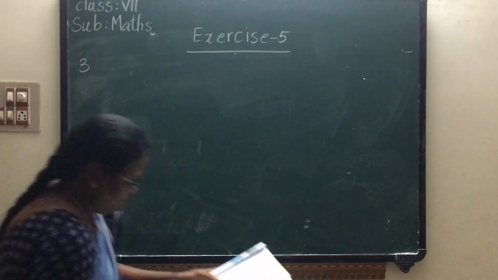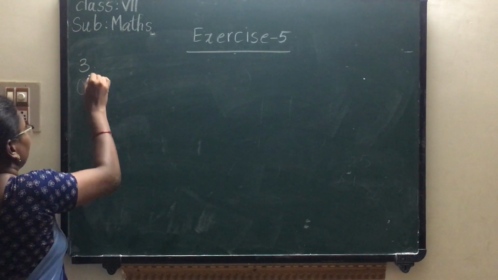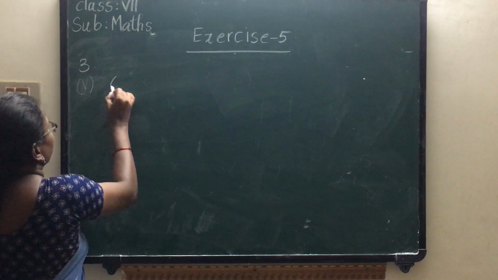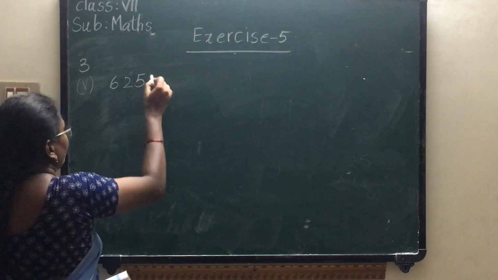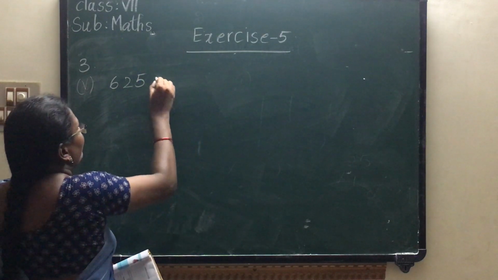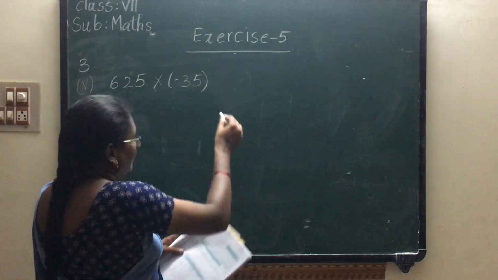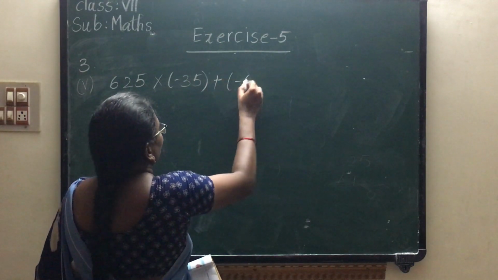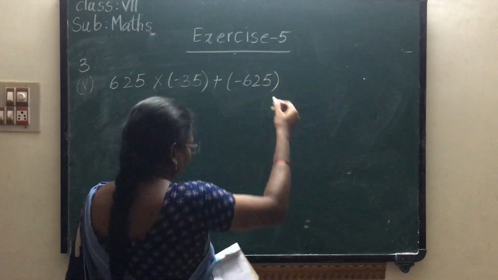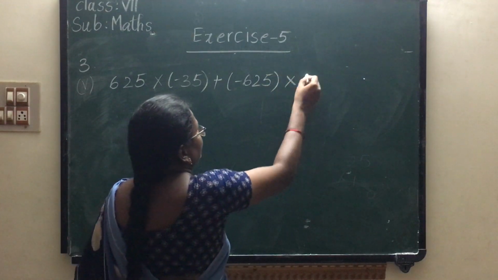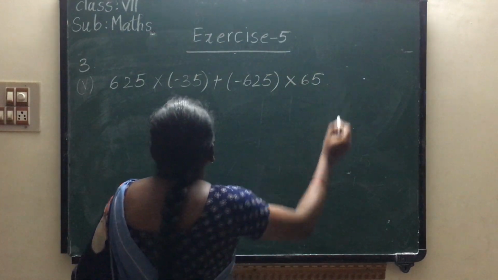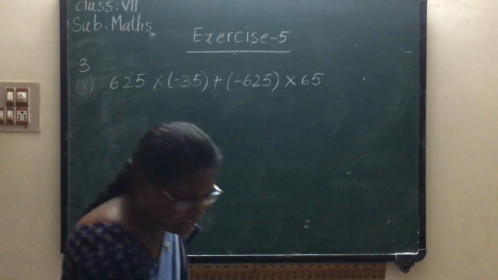Now the fifth sum. 625 into minus 35 plus minus 625 into 65. Which property is this, children?